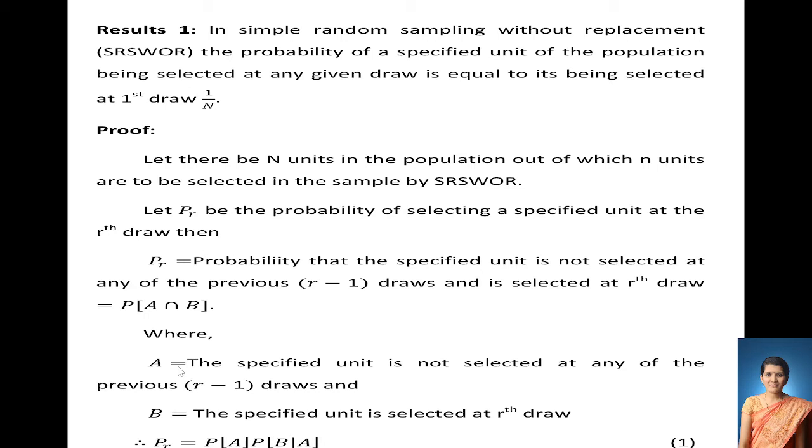By using the conditional probability definition, probability of A intersection B is equal to probability of A into probability of B given A. This is equation number 1.